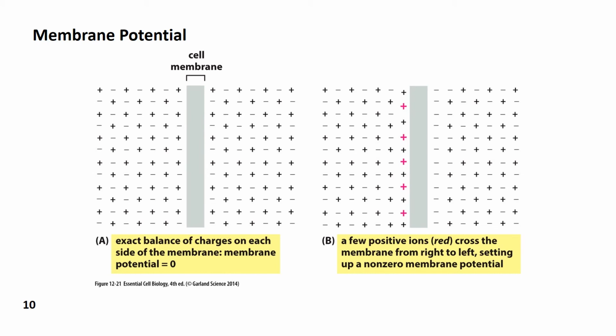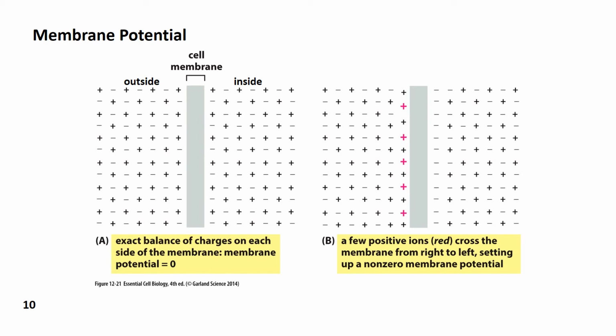Looking at panel A on the left side of the slide, we see that there are both positively and negatively charged ions on either side of the cell membrane. We're going to consider the left side of the membrane as the outside of the cell and the right side of the membrane as the inside of the cell.